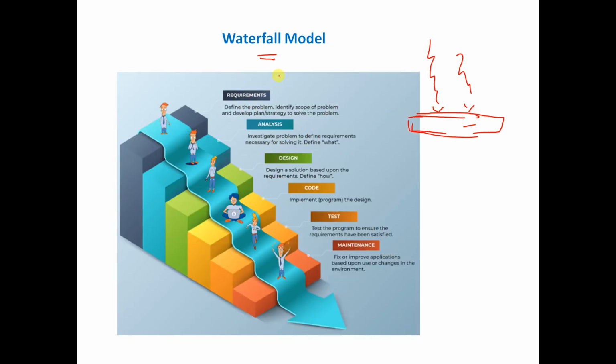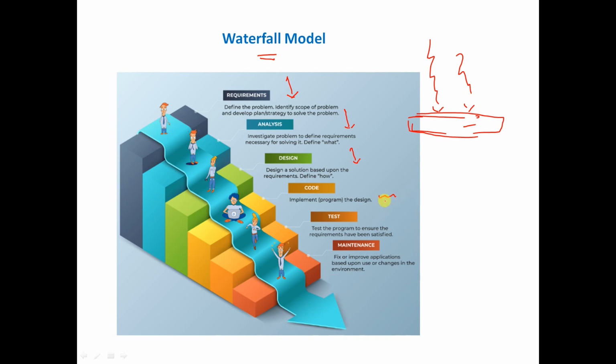See here, requirements. Once the requirements have been received by the development team, they start to analyze them. As soon as they analyze, they design. The design may include the architecture or the flow charts, depending on the software product and the methodology and techniques they follow. Then they implement the code.